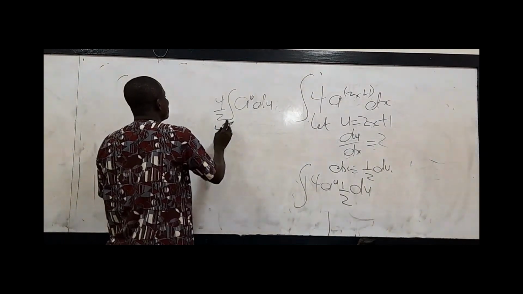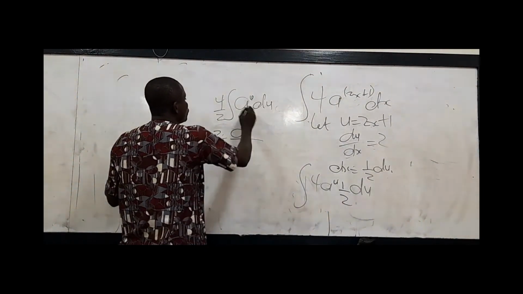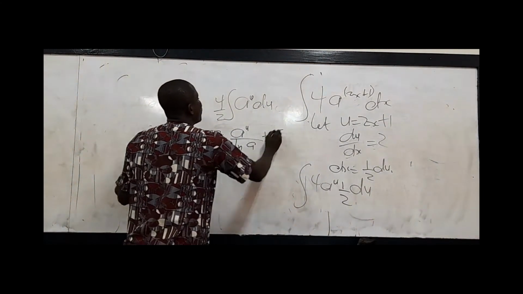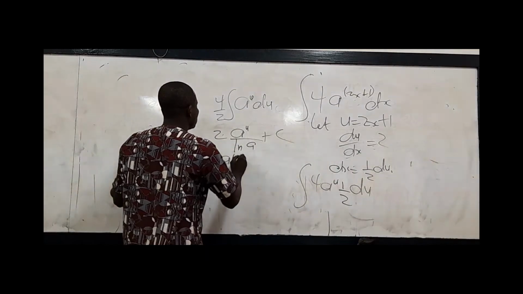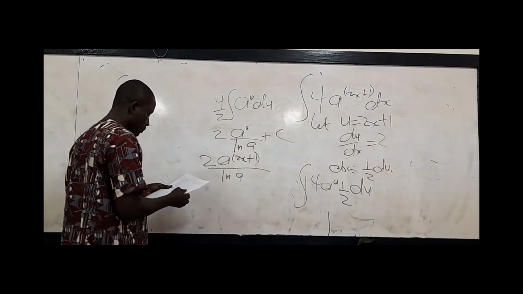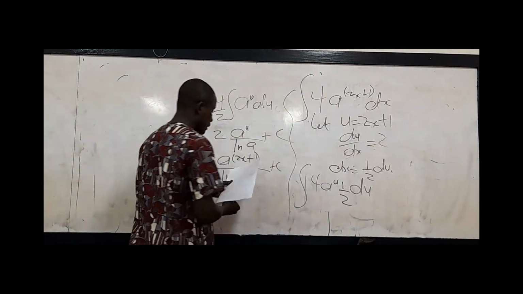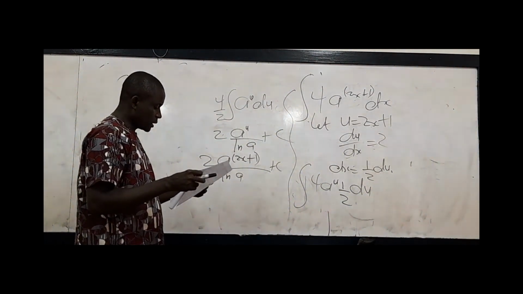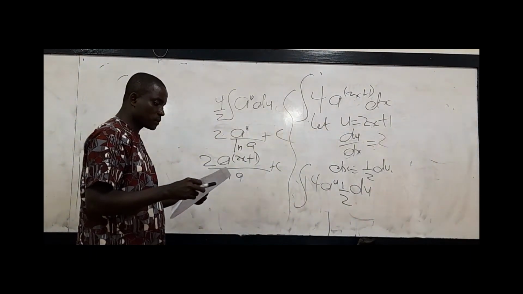And as we said, we have 2 times a^u all over ln a, then plus C. So we have 2a^(2x+1) all over ln a, then plus C. I think this and many more, you can try your hand on others. So this is where we are.